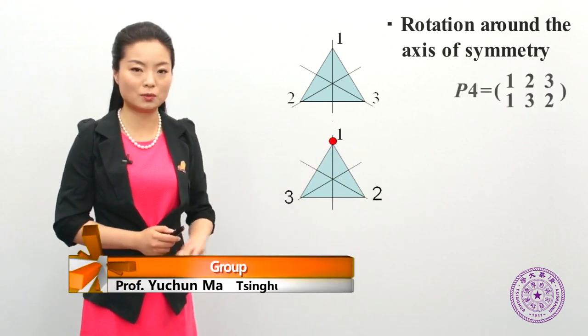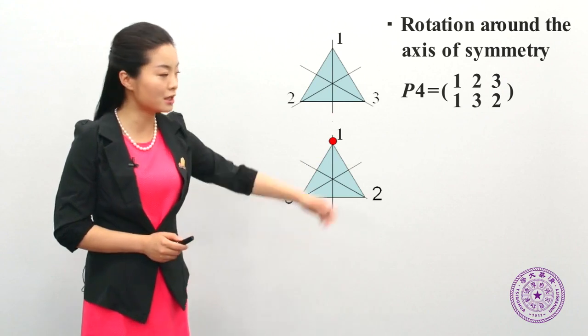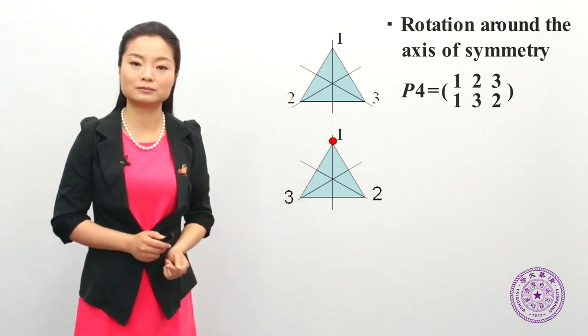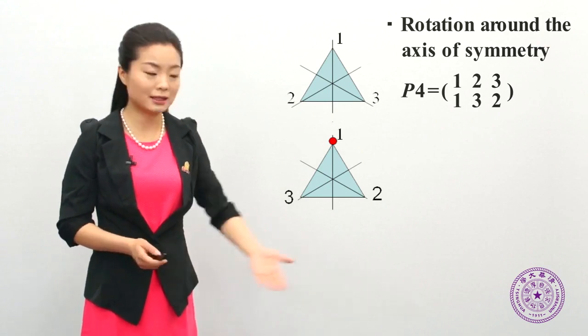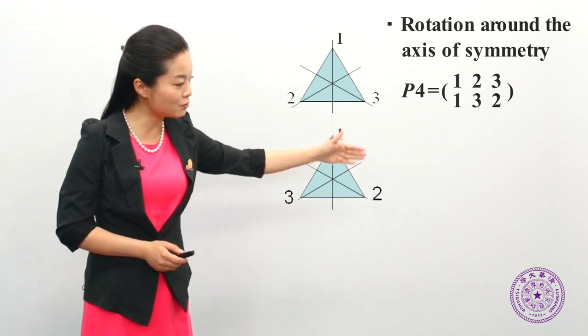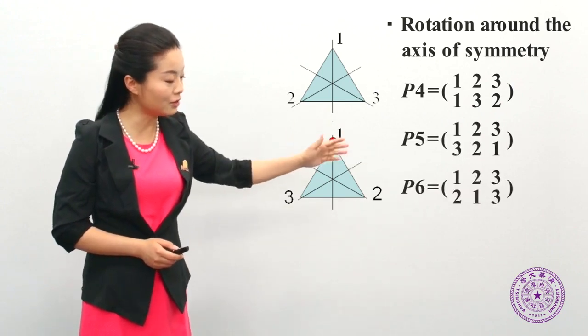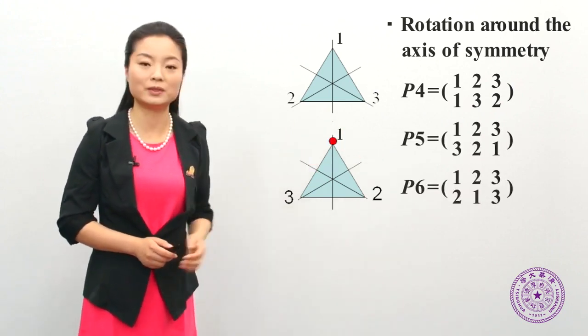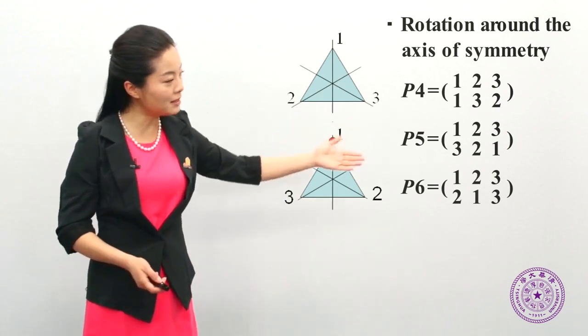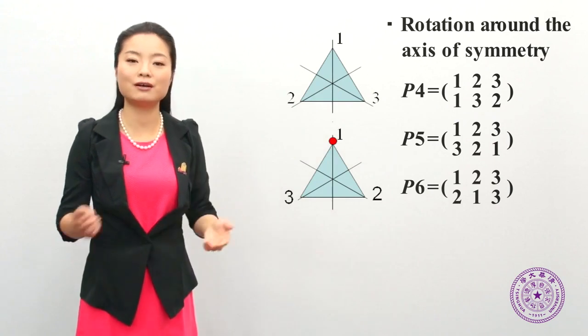For example, we fix the point 1, and the respective point 2 and point 3 are exchanged. Then it will produce a new permutation, which is 1 is still 1, but 2 is transformed into 3, 3 is transformed into 2. Point 1 is fixed, corresponding to P4, and if we fix point 2 and fix point 3, we will get P5 and P6 correspondingly.